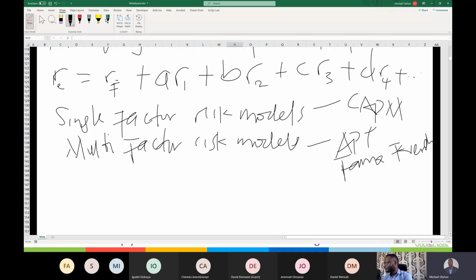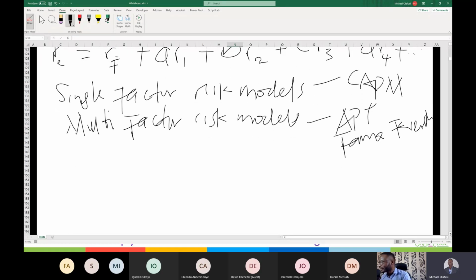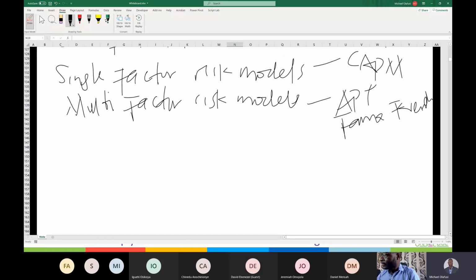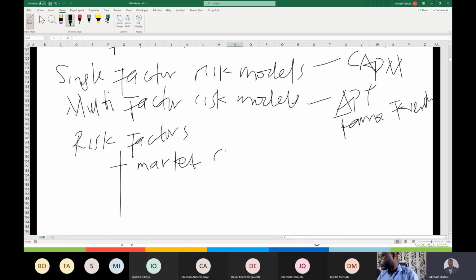So let me explain how this works. What are the risk factors? There is the market risk. What is market risk? Market risk is like what happened last year, the COVID-19 issue. Everybody was affected; it was general.